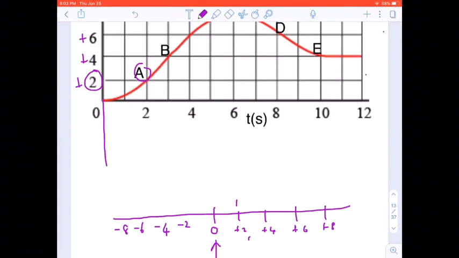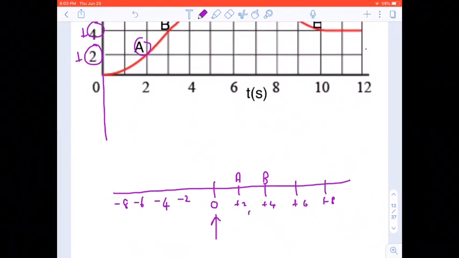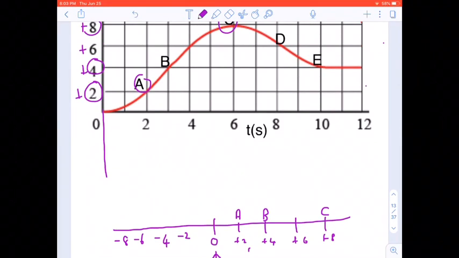It's there, A, and then we've got B, which is at 4, so B, and then we have C, and C is at 8, so C is there.